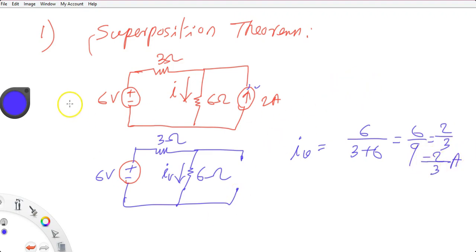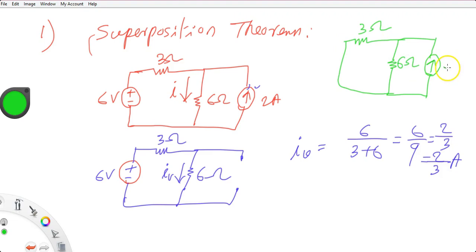Now consider another case, that is keeping only the current source in the network. As you know, an ideal voltage source will be replaced by a short circuit. We need to find the current due to the current source.